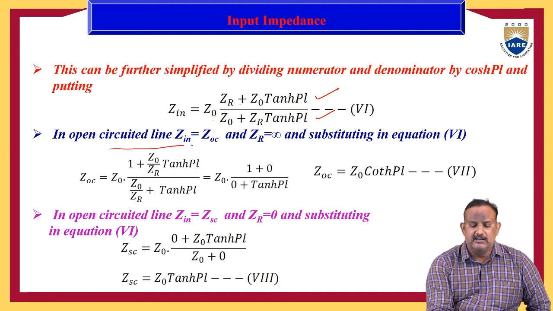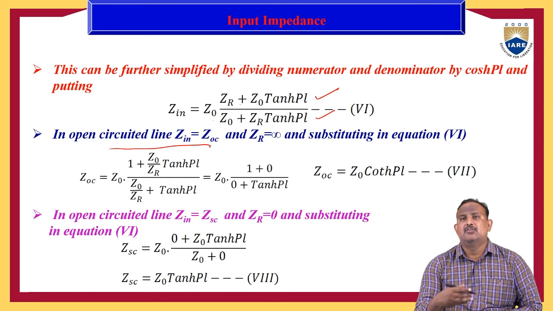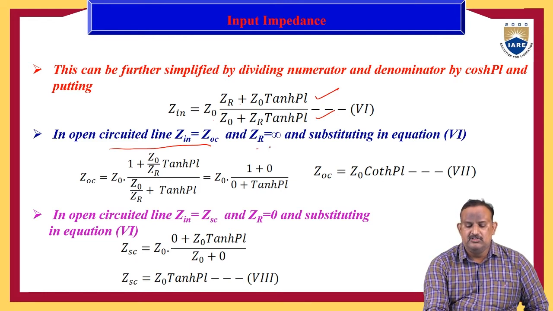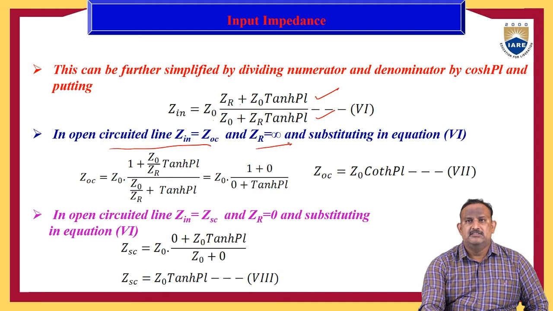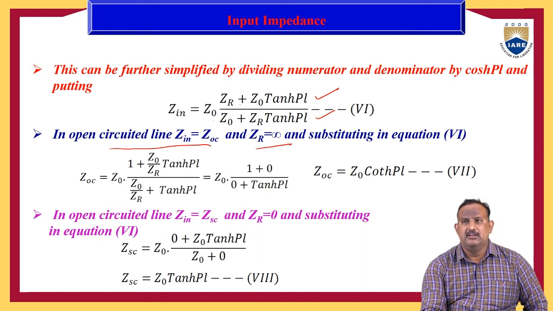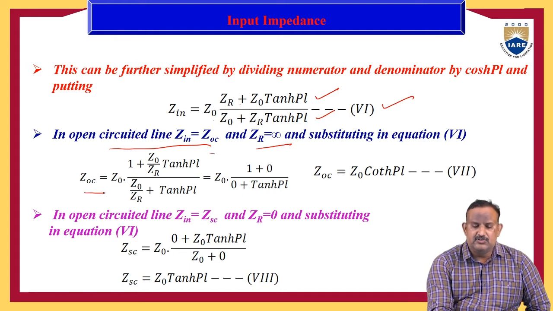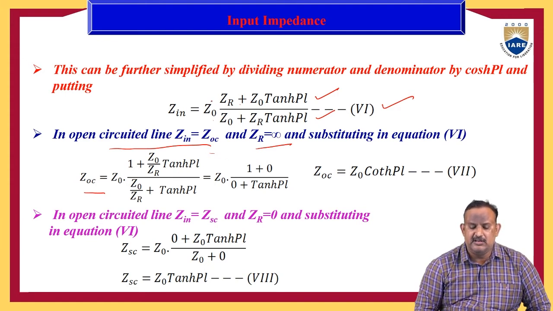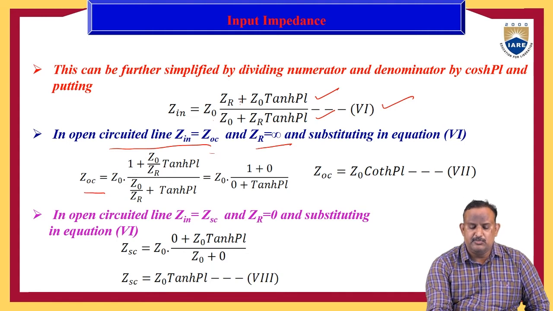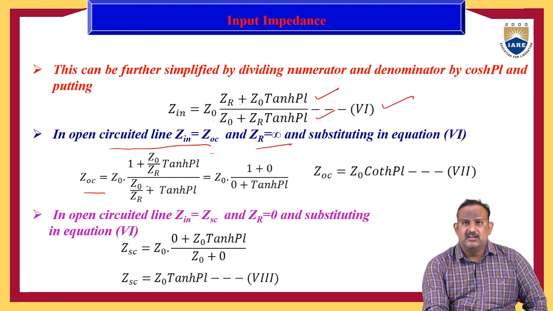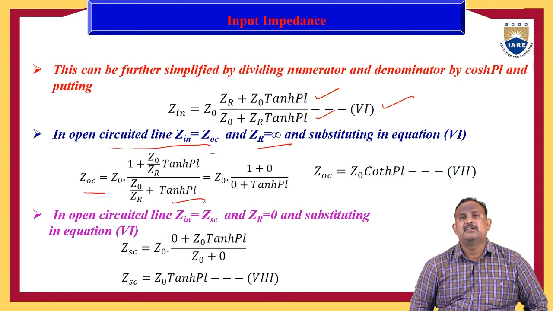For an open circuited line, let us assume Zn equal to ZOC and ZR equal to infinity, and substitute these in equation 4. Taking ZR common in both numerator and denominator and cancelling the ZR term, we have Z naught into 1 plus Z naught by ZR into tan HPL by Z naught by ZR plus tan HPL.